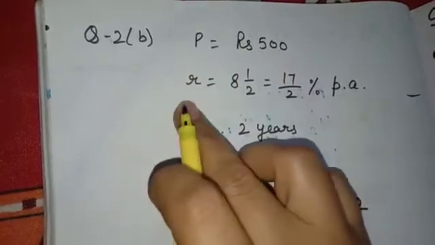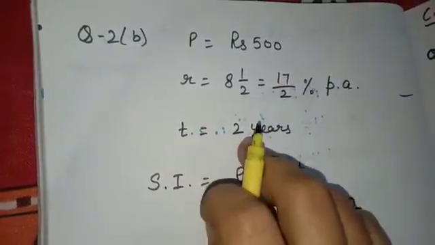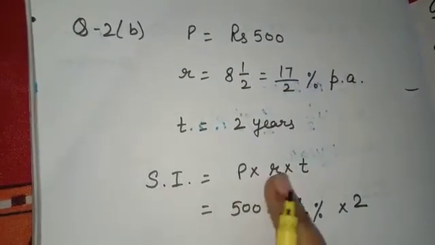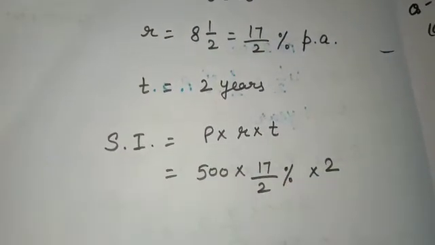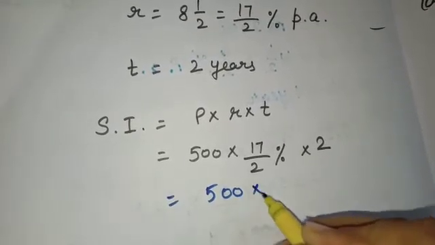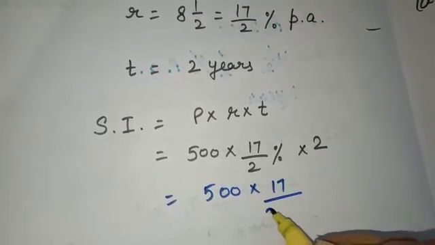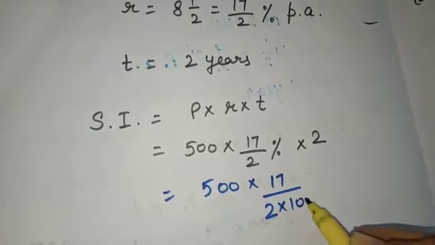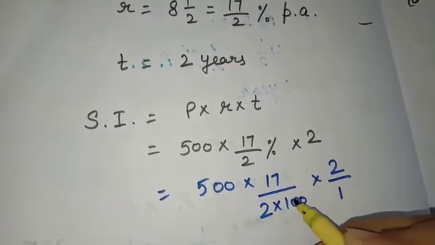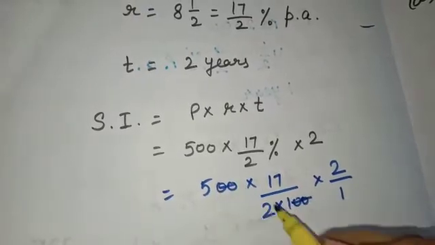Principal is given. Rate of interest is this. Time is 2 years. Mixed number will be converted to improper. Then the formula, as we know now. 500 multiply 17 by 2 multiply 2 by 100, as we are removing the percentage sign. 2 zeros cancelled with the 100, and this 2 is cancelled with this 2.